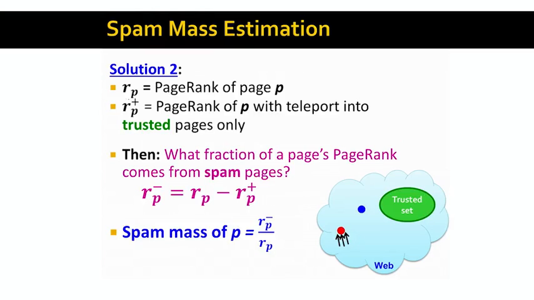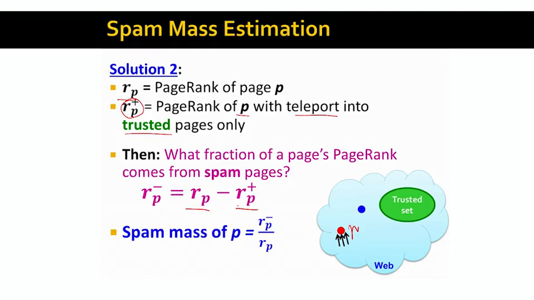We first compute R sub p, where p is our red node, and R sub p is simply the PageRank of node p. Then we also compute R plus of p, which is the PageRank of the same node where the teleport was done to the trusted set of web pages. And now we can say that the spam mass of a given web page is simply R sub p minus R plus of p. What does this mean?